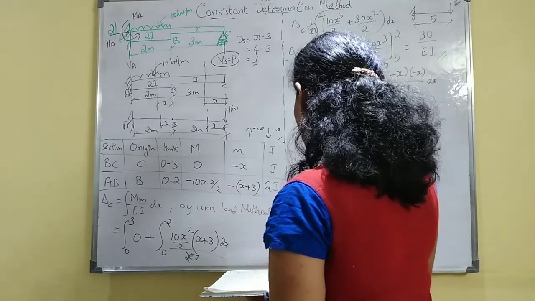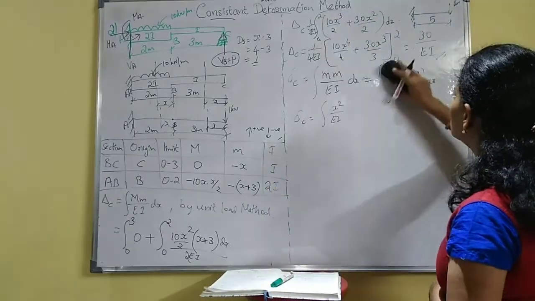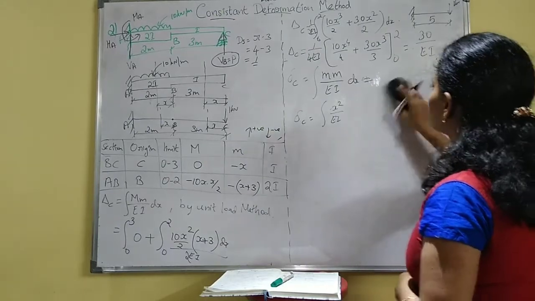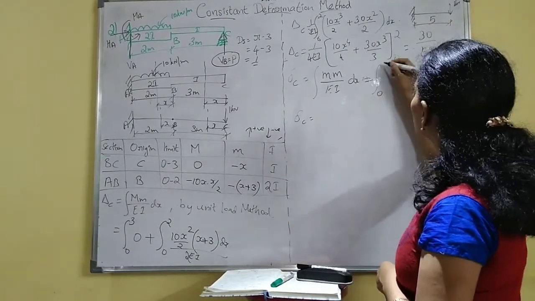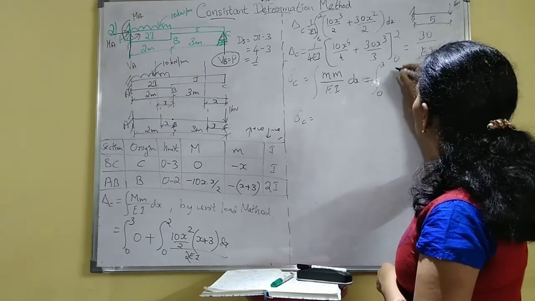Here you have to do it separately because there is a variation in I. Do separately, that is 0 to 3.